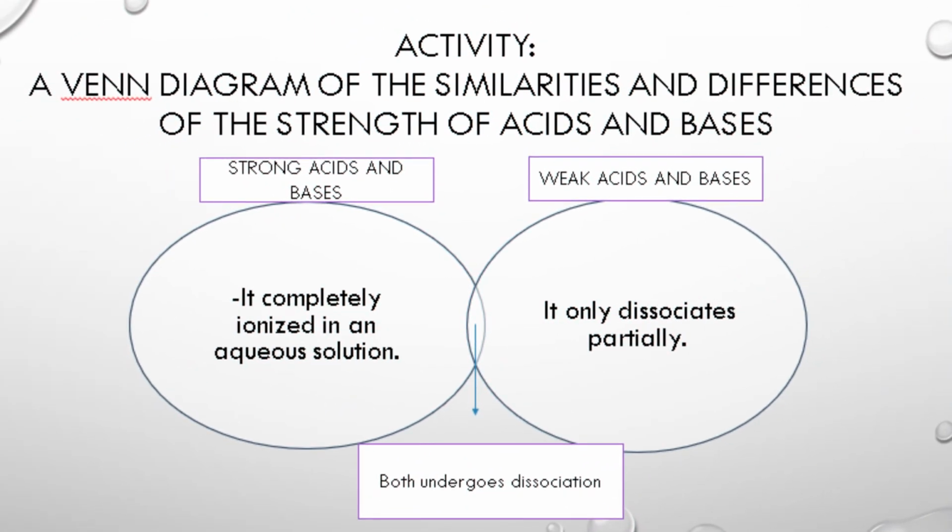The difference between strong acids and bases and weak acids and bases is that strong acids and bases completely ionize or dissociate in an aqueous solution, while weak acids and bases only dissociate partially and not 100% complete. The similarity between the two is that they both undergo dissociation. That's all. Thank you.